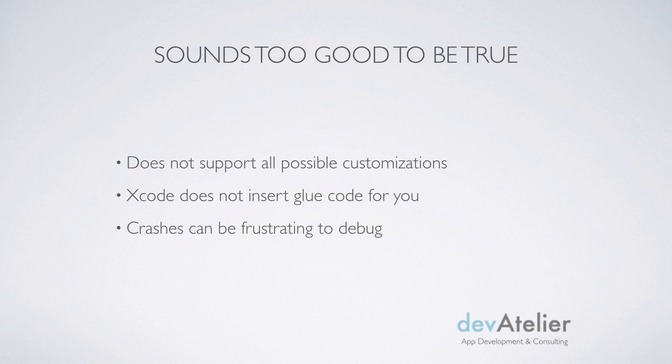Well, in C# it'll give you glue code, so you can run your code and it won't crash, and then you can set breakpoints, and then you'll be like, oh, this button handler goes to this function, right? It's all going together one-to-one. Not so in Xcode or Interface Builder. So it's kind of a divorced process where you lay your stuff out, you write your code, and then you have to manually hook everything up together. So that's one of the caveats.